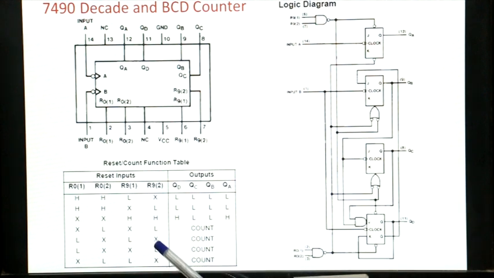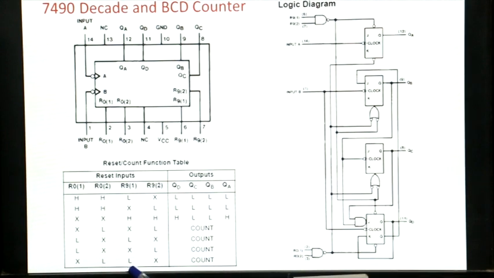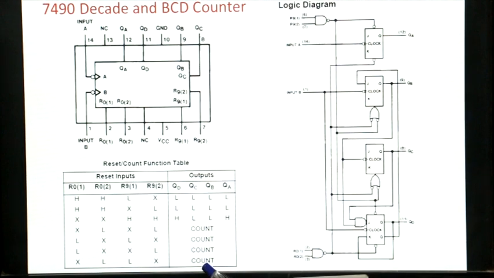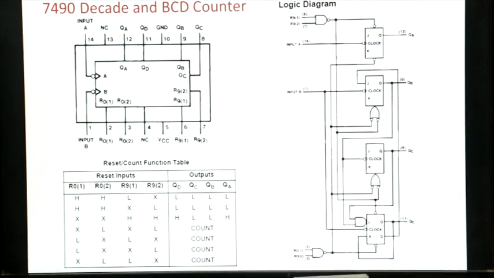But if you want to clear it, you need to keep R01 and R02 both high, and R91 and R92 low, then all the outputs will be cleared. But for normal operation, it's safer to go for the last entry. If you keep all these 4 inputs, R01, R02, R91 and R92, low, then it will work like the normal counter.